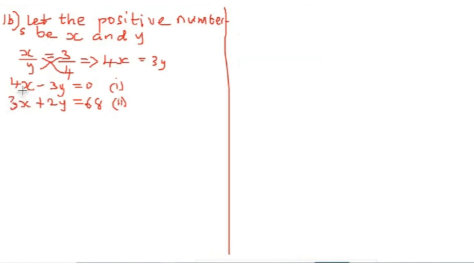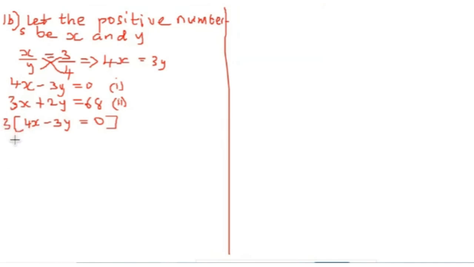I will multiply equation 1 by 3, then multiply equation 2 by 4. So if we do this, 4x minus 3y equals 0.